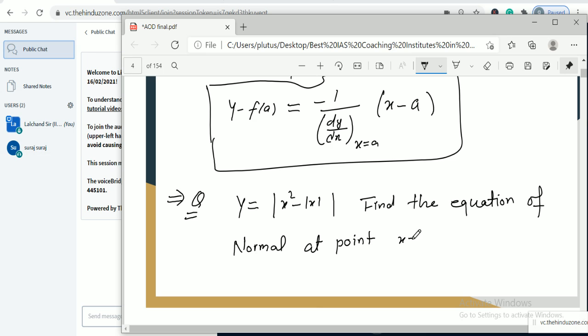At point x equal to minus 2, can you find out?